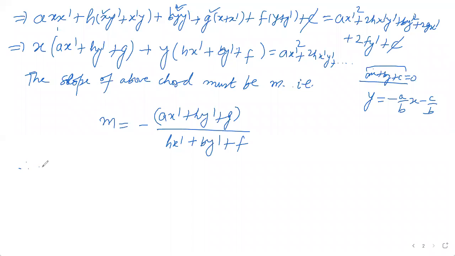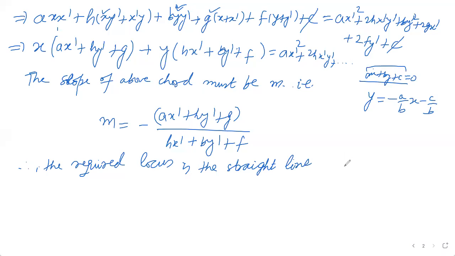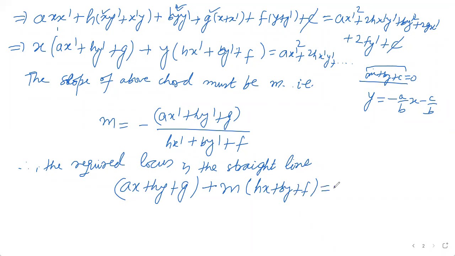So therefore the required locus is the straight line. इसे इधर ले आके सॉल्व करके x y रख दिया, ax plus hy plus g and plus इधर माइनस होगा, इधर ले आएंगे तो m times (hx plus by plus f) is equal to 0.